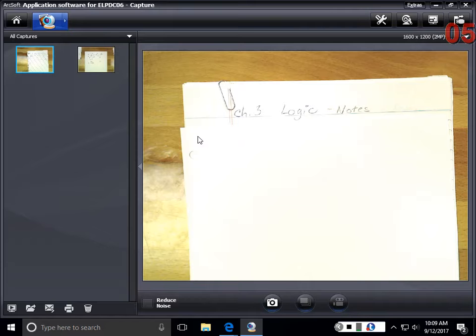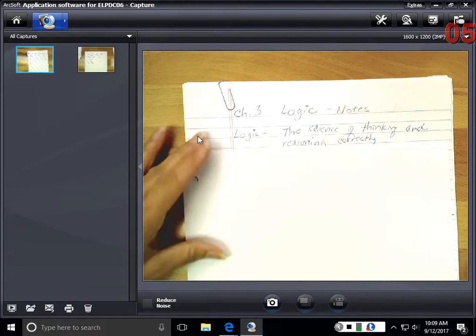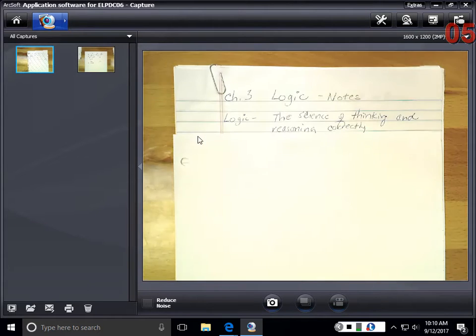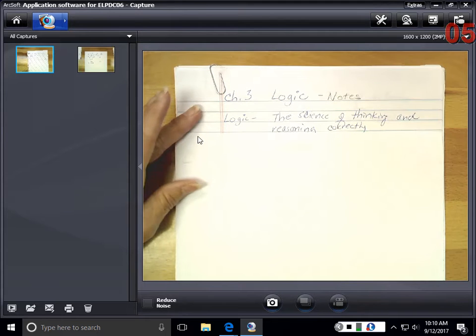Well, first, of course, we need a definition of logic: the science of thinking and reasoning correctly. Anytime that you want to know more about something, go back and read the book on a particular part of it. But sometimes it's overwhelming, the amount of material in there.